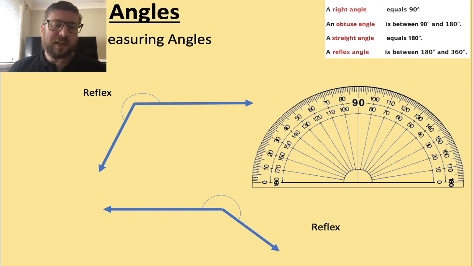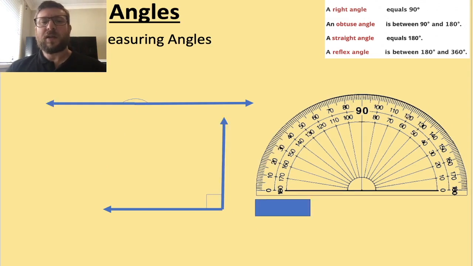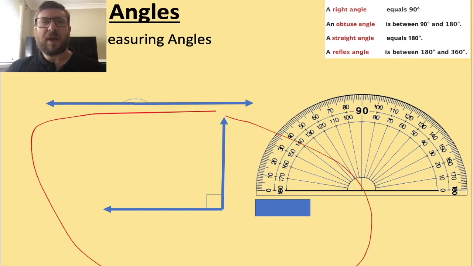Let's move on to our next set. Here we have some different angles. Let's start with this one here. And let's think about what we said. We said a right angle looks different. Why does this angle look different to this angle, do you think?